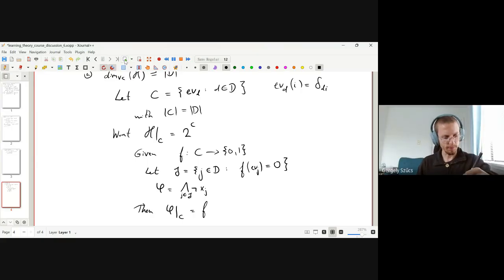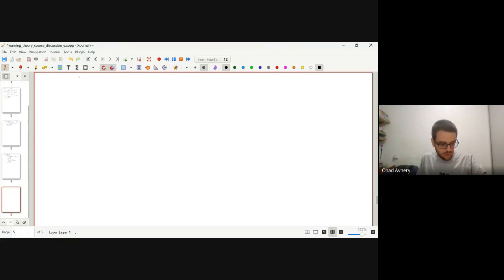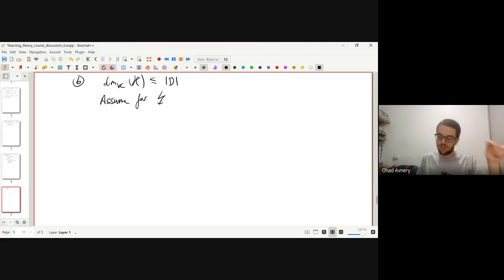Now in the other direction, I start by taking a shattered set of size at least D plus 1 and construct a contradiction. So I'll say that the size of it is M, and that M is at least D plus 1.